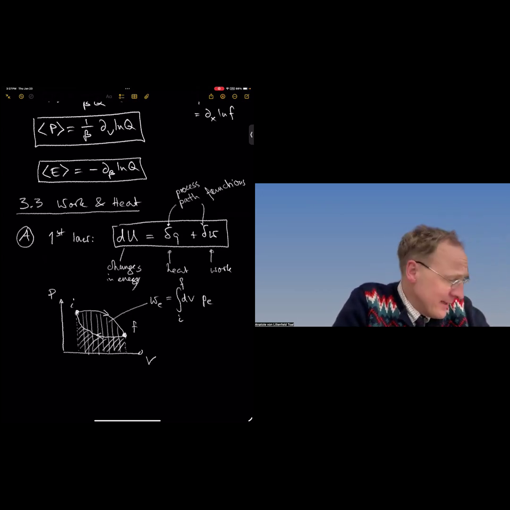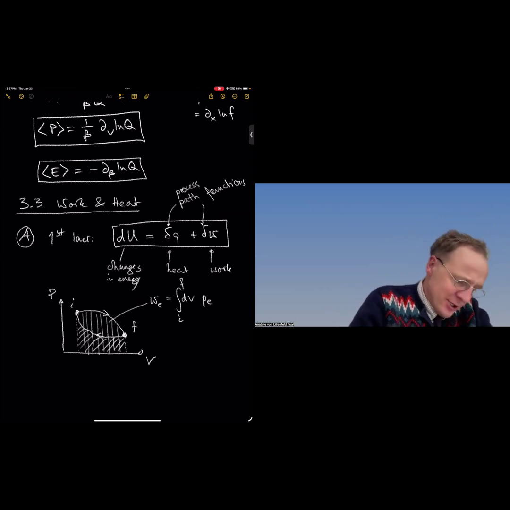That's a lot of work you get, but then to return to the initial state, I need to compress again, and I will have to pay a little bit of work for doing that as well. Now that would be the opposing direction. So you'd have a sign change. I can flip that sign change. Sorry, compression.